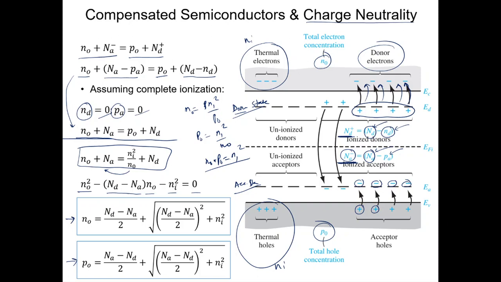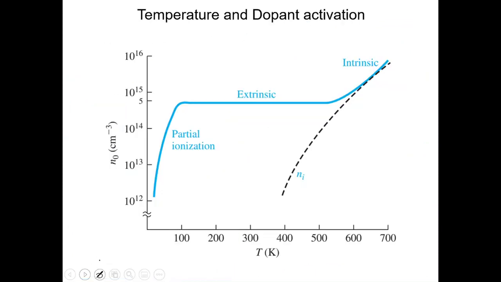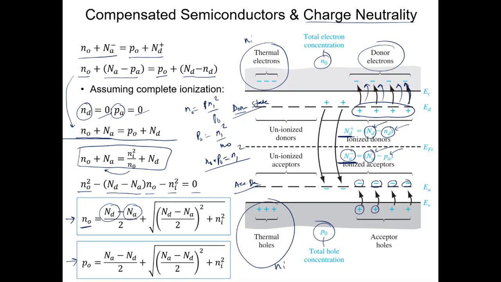So why did we do this? This will tell you the total electron concentration if you have a finite number of donor and acceptor atoms present in the system. Similarly, it will also tell you the total hole concentration if you have a finite number of acceptor and donor atoms present in the system. Now keep in mind which formula you must use.